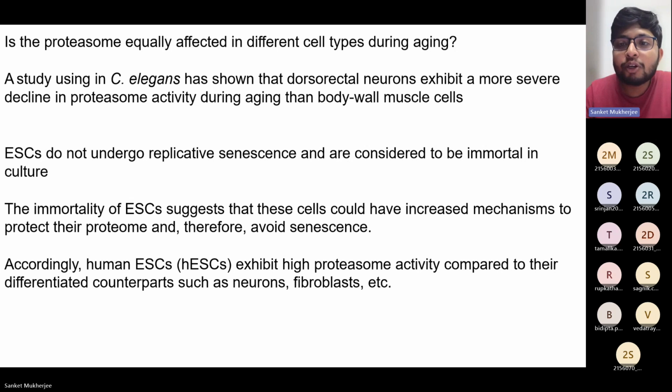Sometimes they do not fold properly. It is an ATP dependent process most of the time, and ATP is no longer available. So protein folding is affected with aging. And then we said that protein degradation is also affected with aging. So all the parts of proteostasis are affected with aging. That's why we call loss of proteostasis one hallmark of aging.